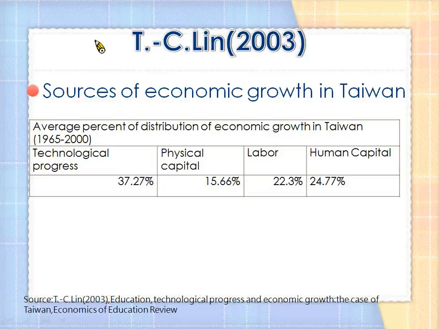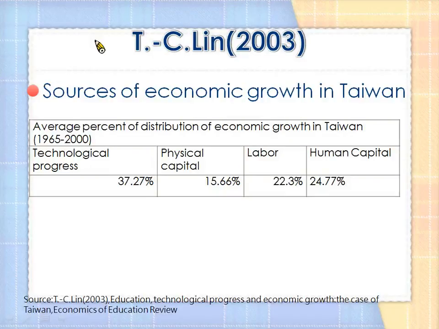By decomposing the sources of growth, you can see the sources are physical capital, labor, and human capital, with human capital at 24%. And here you have technological progress at 37.27%. That is his estimation. But my argument is that this is still an overestimate, because human capital in this model only affects growth through capital accumulation.